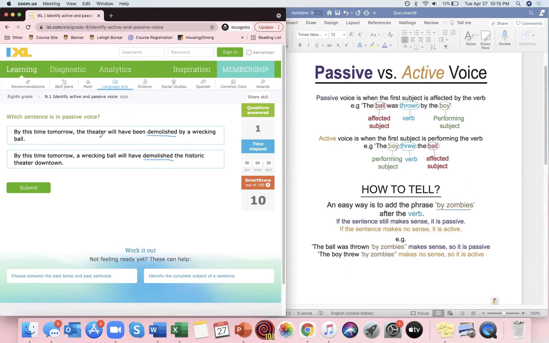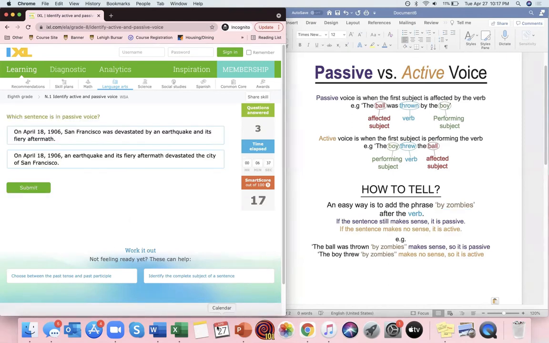So by this time tomorrow, the theater will have been demolished by zombies versus by this time tomorrow, a wrecking ball will have demolished by zombies. Demolished by zombies does not make sense. Therefore, this is active, and the theater will have been demolished by zombies makes sense. Therefore, it is passive, and it's asking us to identify the passive. Therefore, this one is passive.